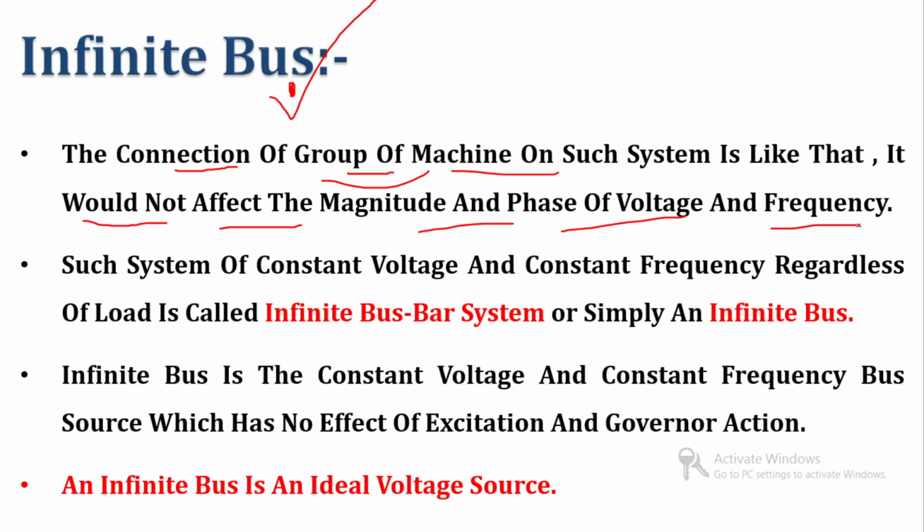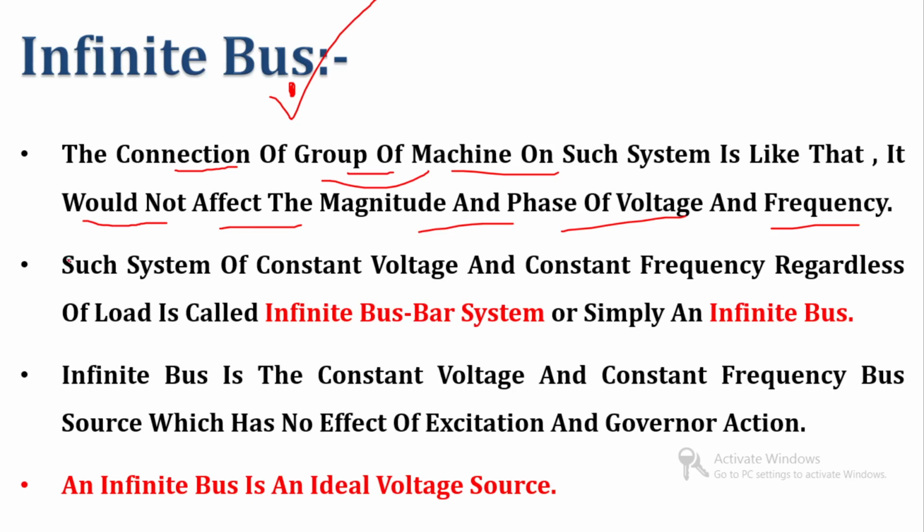So infinite bus is nothing but a group of machines, and in that particular system, if the magnitude of voltage and frequency is constant, then that type of bus is known as infinite bus.